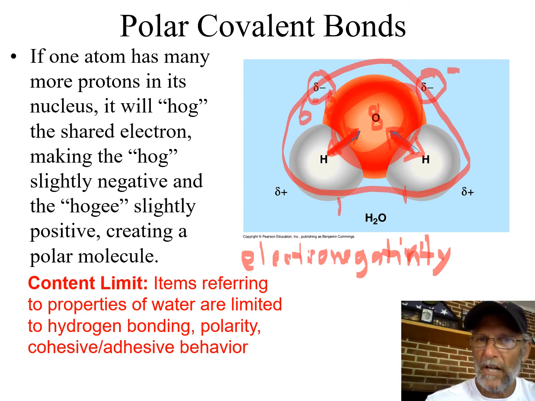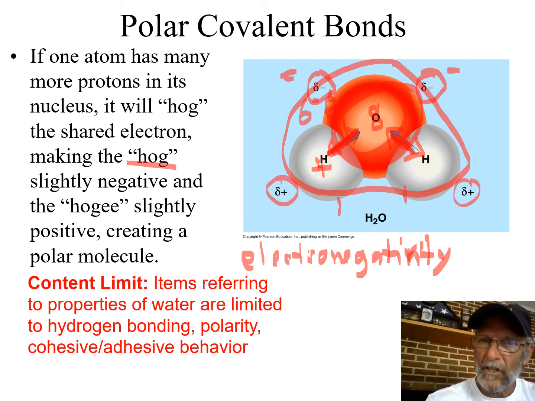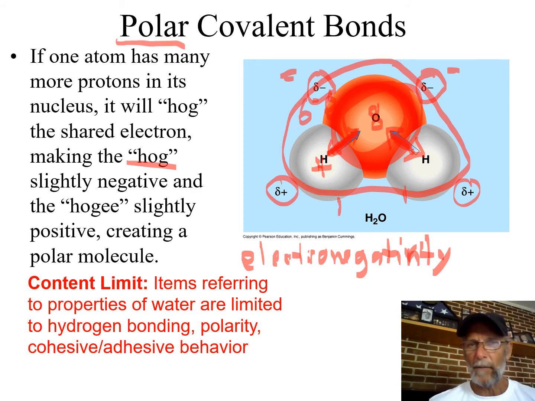It's got 2 slightly negative areas, and then where the hydrogens are, that have that proton, that electron is being kind of hogged by the oxygen, is slightly positive, 2 slightly positive areas. So this makes a water molecule very unique in a way that we use the word polar to describe.